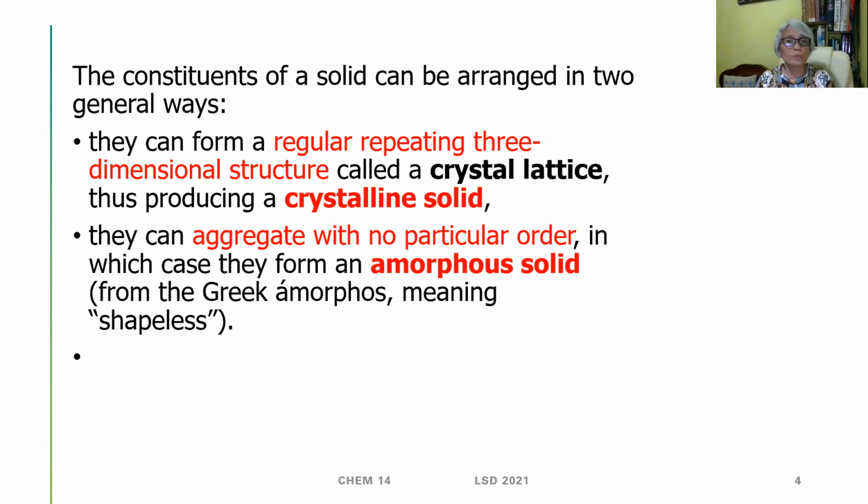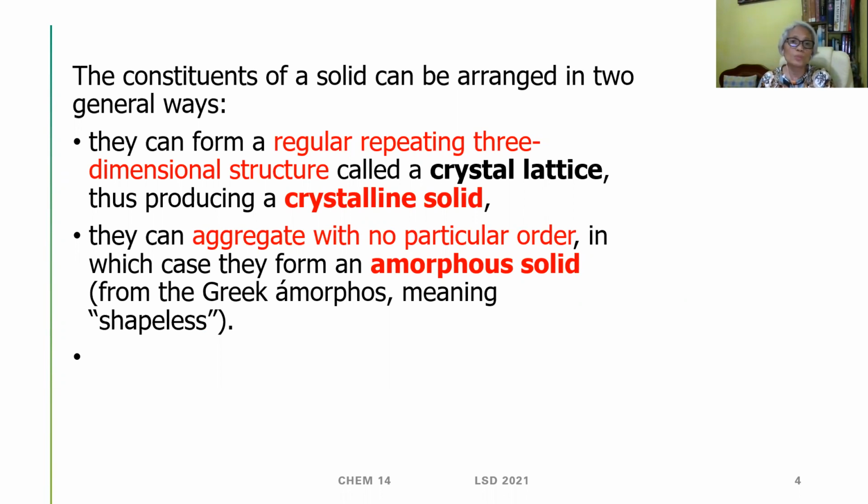If they can form a regular repeating three-dimensional structure called a crystal lattice, they can produce a crystalline solid. Now, if the constituents of a solid can aggregate with no particular order, so random, in which case they form an amorphous solid.